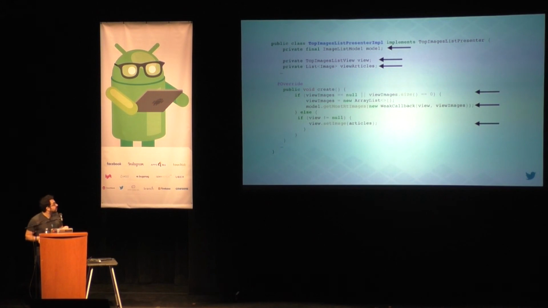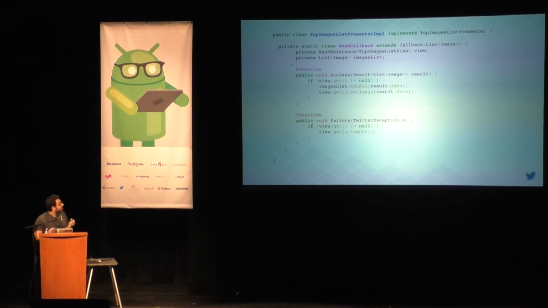And here is the thing. We need a weak reference. Otherwise, we're going to provoke a leak, because the view is implemented by the activity, and in case that is destroyed, the presenter is going to still be holding that.